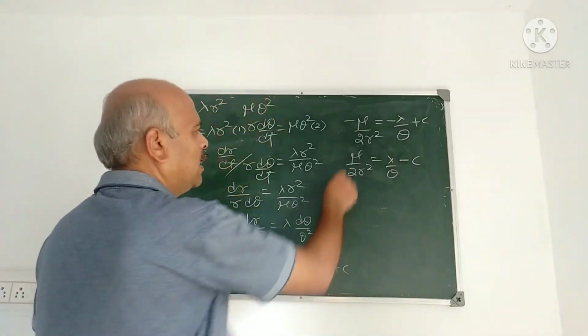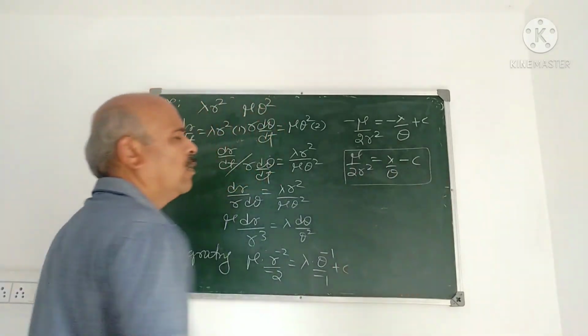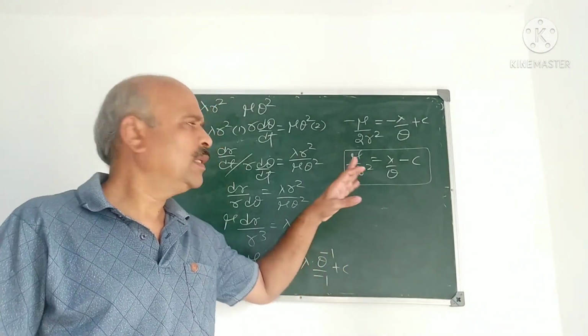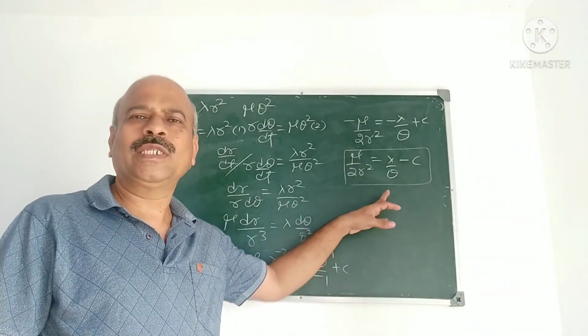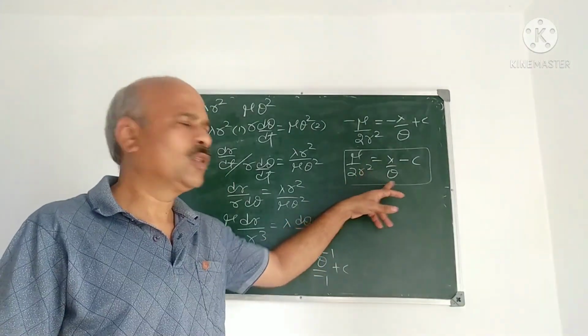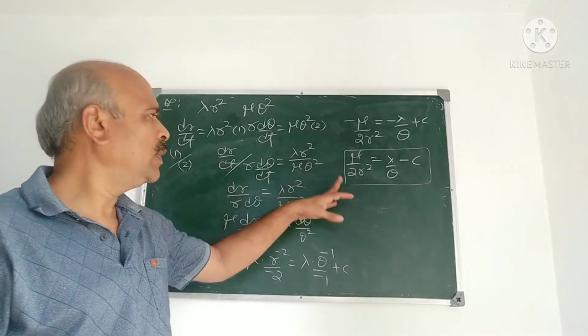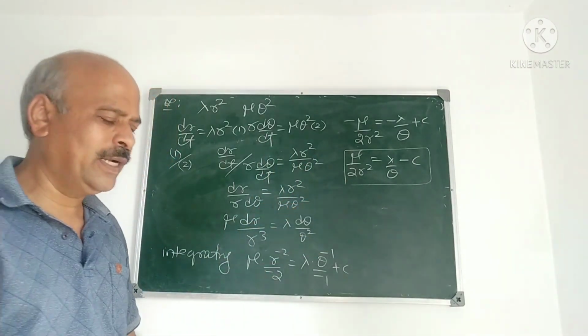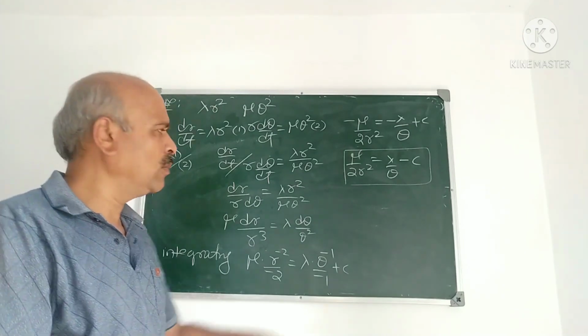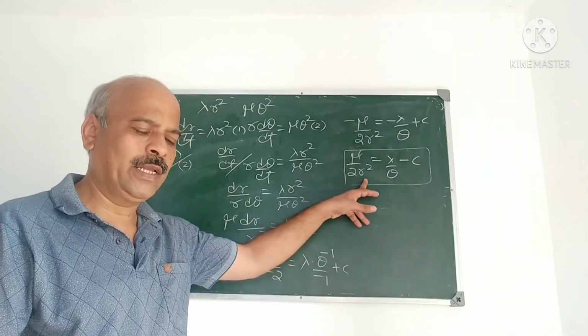This is an expression in r and theta, therefore it represents some curve. Of course it is not a standard curve, but it is the equation of the path of the particle. So this is the polar equation of the particle, the first part.